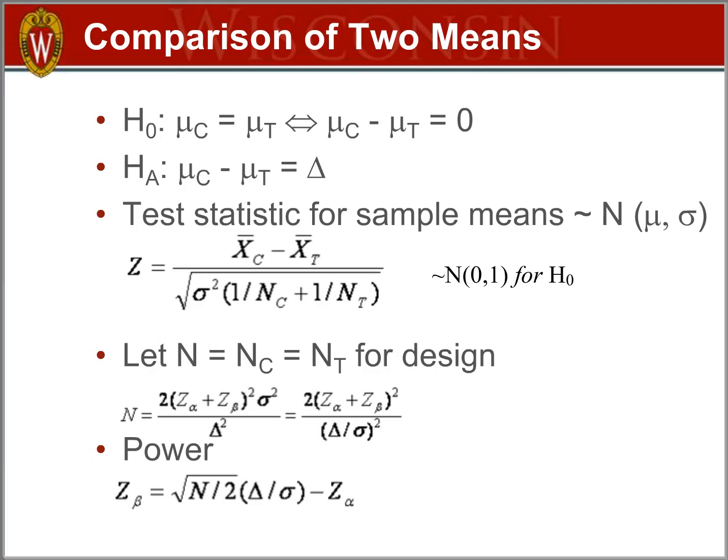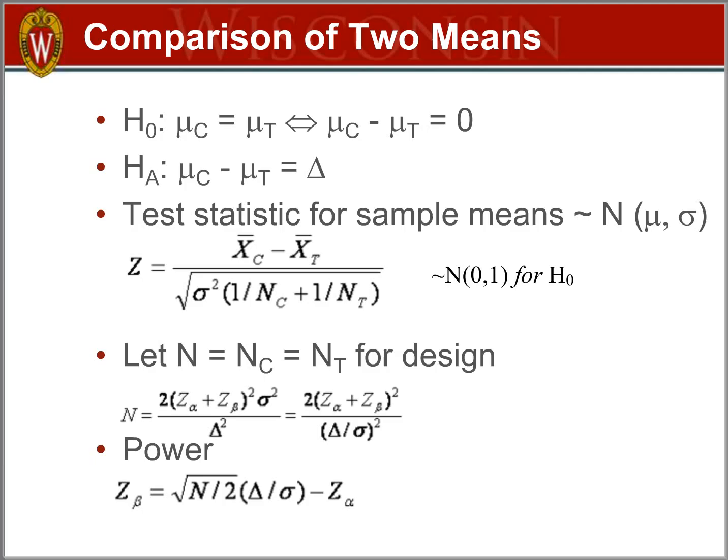I've indicated the sample size formula that would correspond to comparing two mean values. Notice the similarity of the form of this sample size formula. There's a z alpha plus z beta, as before, summed and squared. There's a delta squared in the bottom, as before. And there's a sigma squared, which represents the variance.